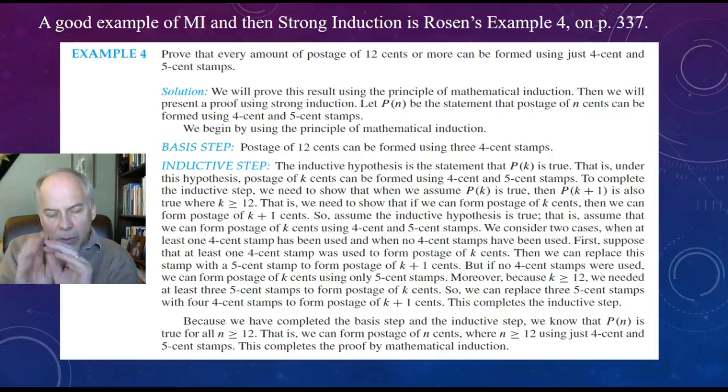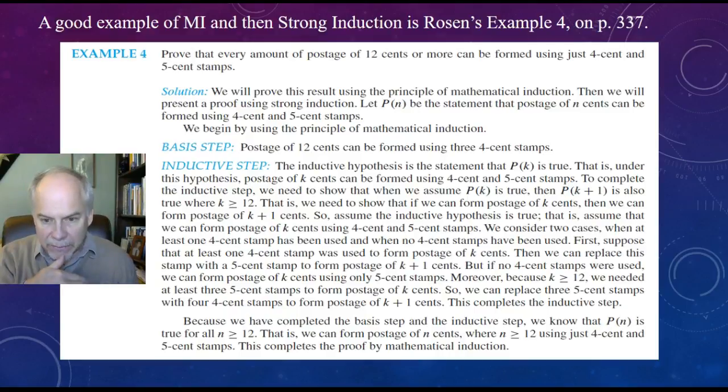And now we've gotten K plus 1 from K. All we have to do is remove the 4-cent stamp and replace it with a 5-cent stamp, and now we have K plus 1 postage.